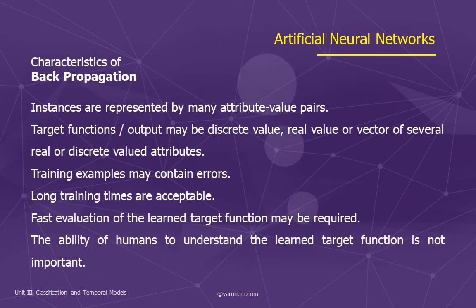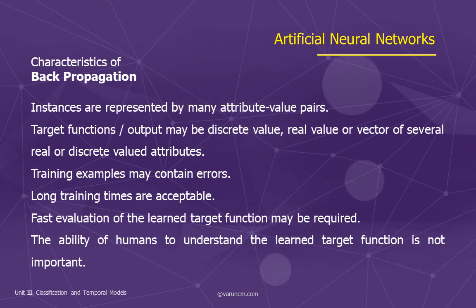So these are some of the characteristics of back propagation. The first one is that the instances are represented by many attribute value pairs, and the target function or the output may be a discrete value or real value, or it may be a vector of several real or discrete valued attributes.